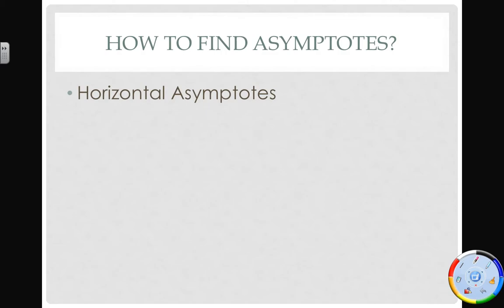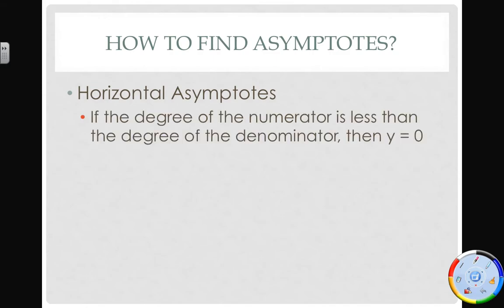Horizontal asymptotes are not hard, but they're more complex than vertical asymptotes are. There's 3 variations. The first one, we're always talking about the degree. So if I said we had x squared over x cubed plus x minus 1 plus x squared minus x plus 1, something like that, the degree of the numerator is 2.